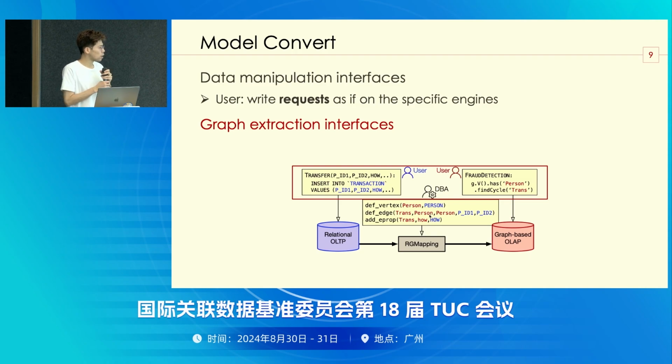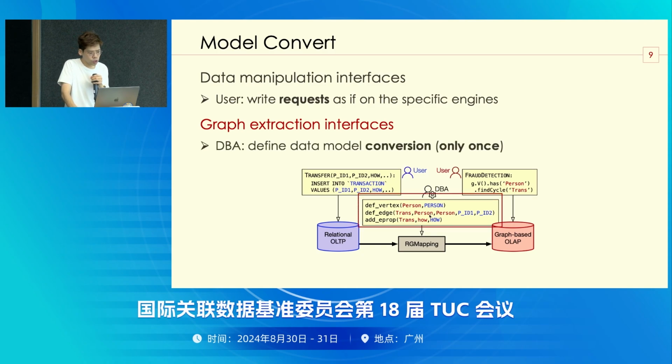Users can define the graph schema with these interfaces to specify what the graph is from and how we can map the relational datasets to graph datasets. And the DBA only defines the data model once if the graph data schema is not changed.